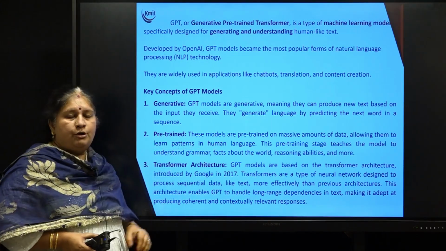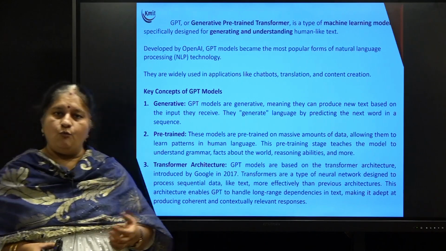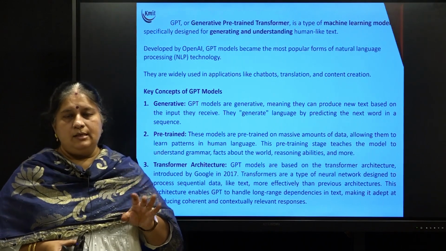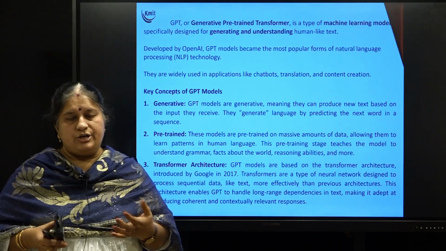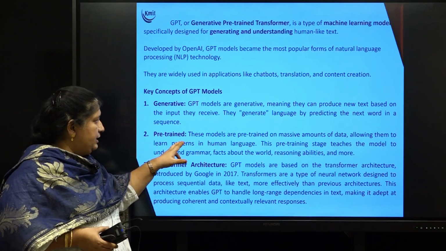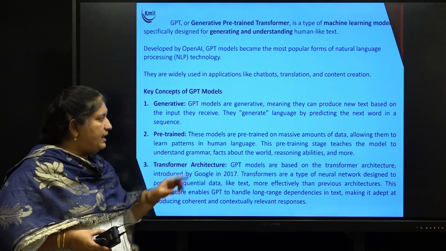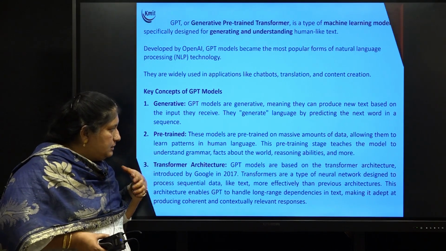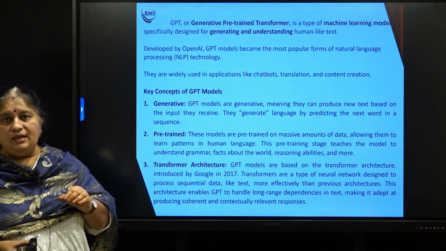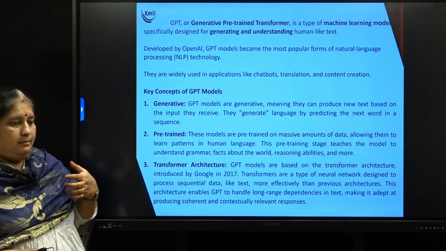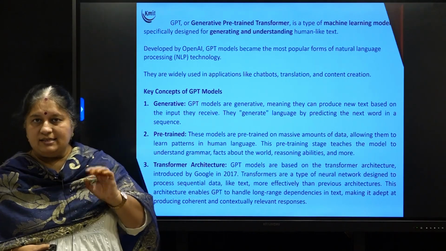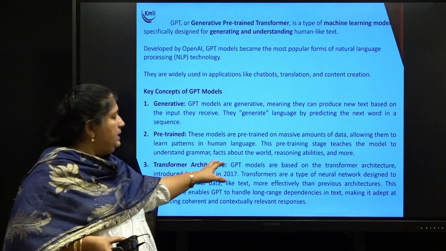Pre-trained: the GPT models are pre-trained on vast amounts of data. We know they are trained on an entire book corpus, and on Wikipedia. They are trained on massive amounts of data. So they work with pre-training based on human language data sets, and this pre-training teaches the model to understand the grammar of the language, the patterns we use when we communicate in that language, the facts about the current world, and various other things.